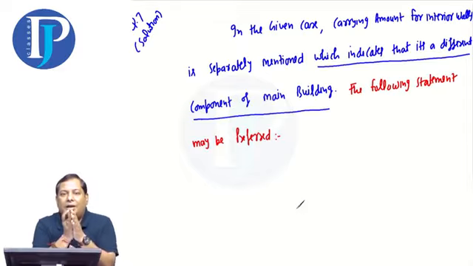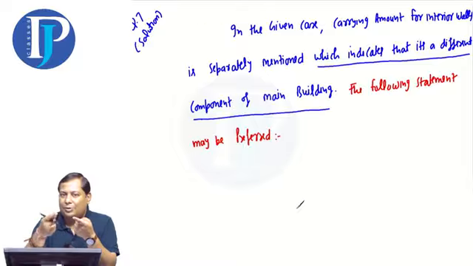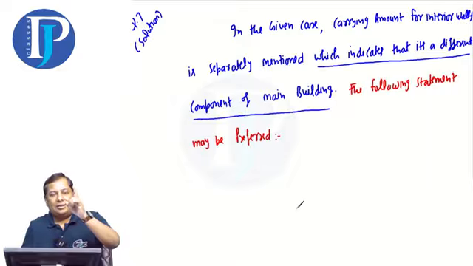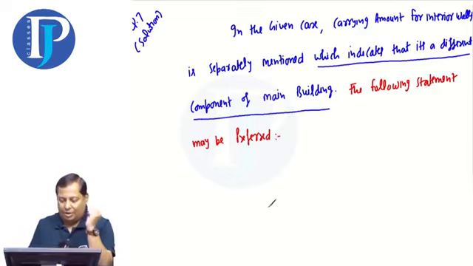Tell me one thing. How was carrying amount of interior walls calculated? Carrying amount of interior walls is only possible if its depreciation is accounted for separately. Depreciation and carrying amount are calculated separately as they are different components.